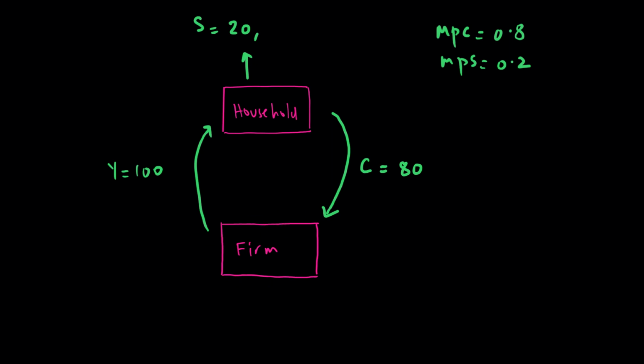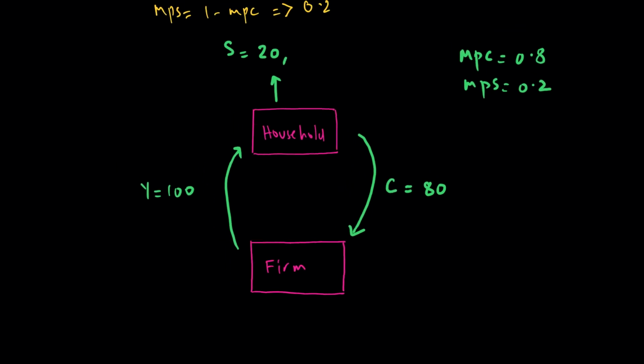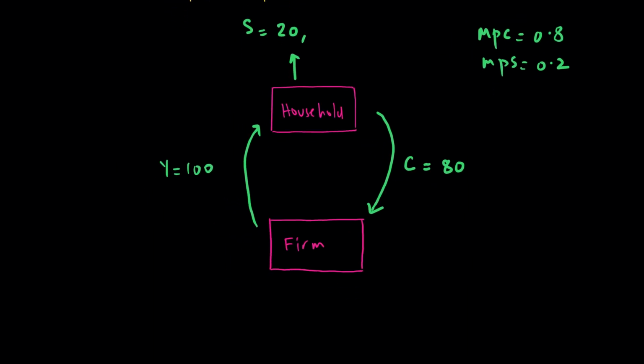Now this 80 that comes into the firm in terms of expenditure is then later again given to households as income of 80, of which households will now save 80 times 0.2, or basically 16 of the 80, because 20% or 0.2 of 80 is 16.